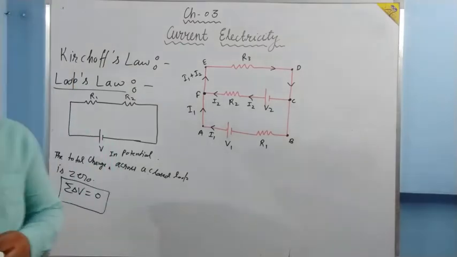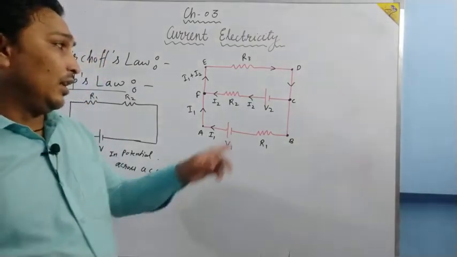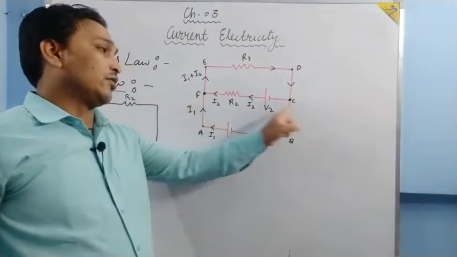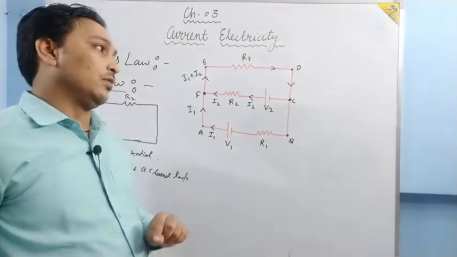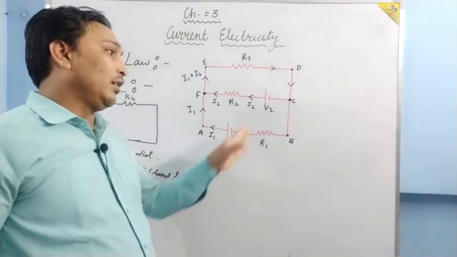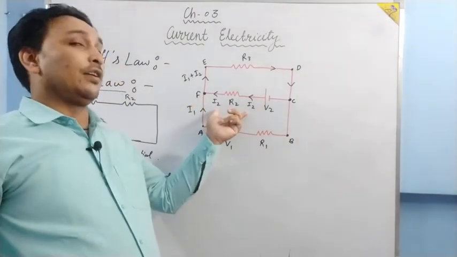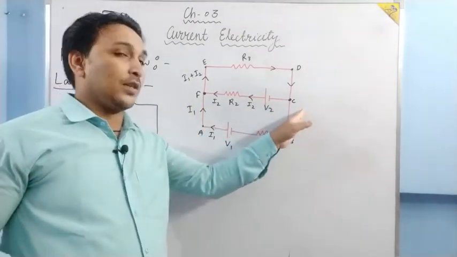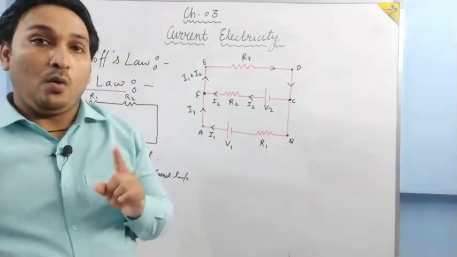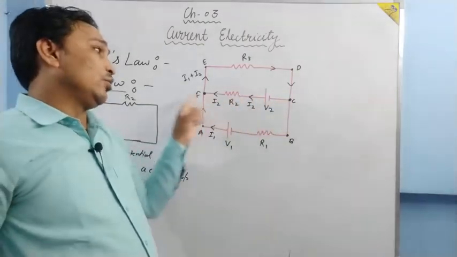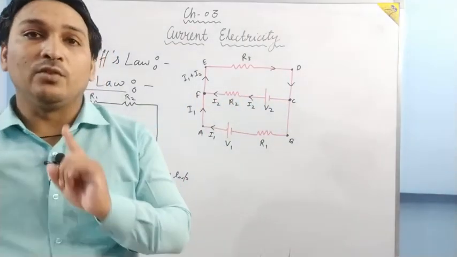Now a key point. CF is a branch. In one branch only one current is possible. It should not be that this side of the cell has I2 current and the other side has another value of current. It is not possible. One branch, that is CF, will have one value of current.